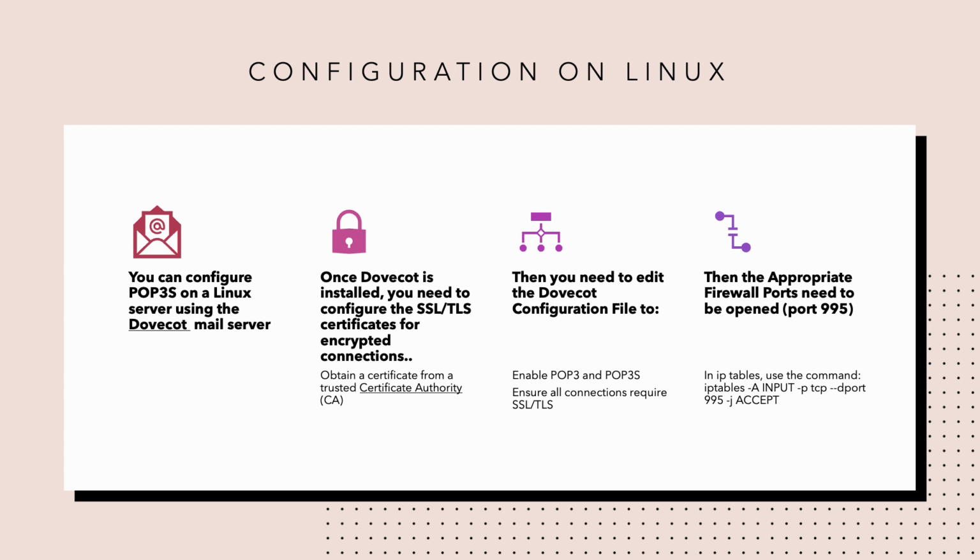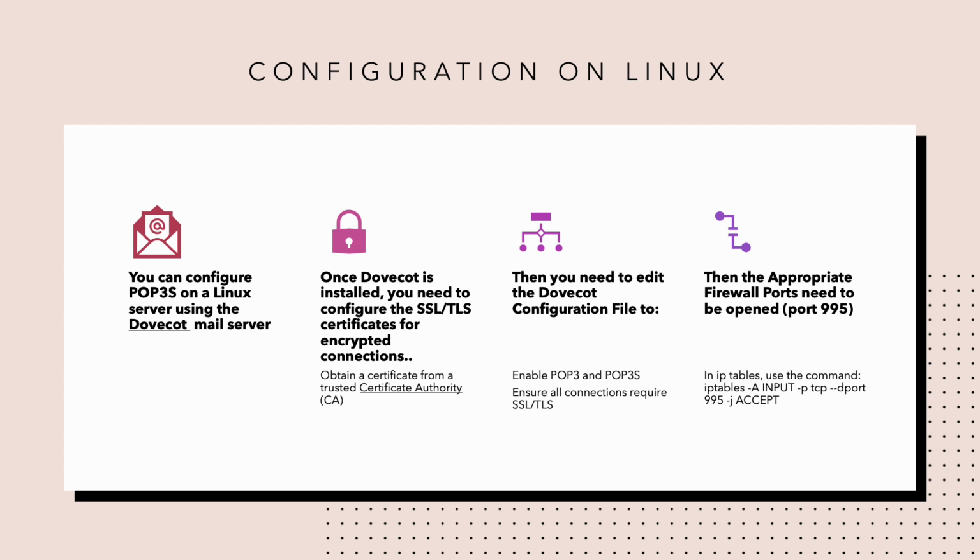When configuring on Linux, you can configure POP3S on a Linux server using the Dovecot mail server. And once Dovecot is installed, you need to configure the SSL/TLS certificates for encrypted connections. To do this, you need to obtain a certificate from a Trusted Certificate Authority, or CA.